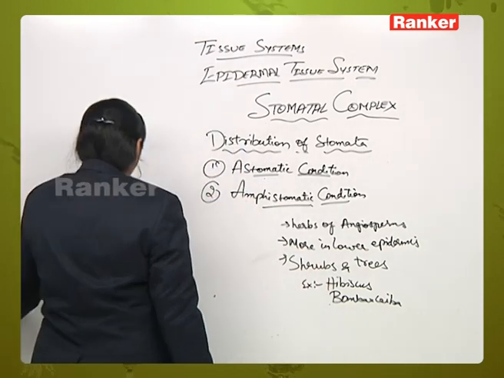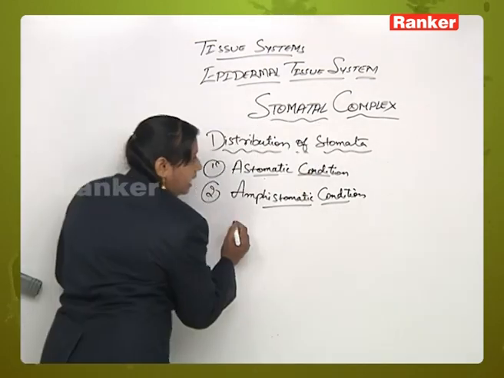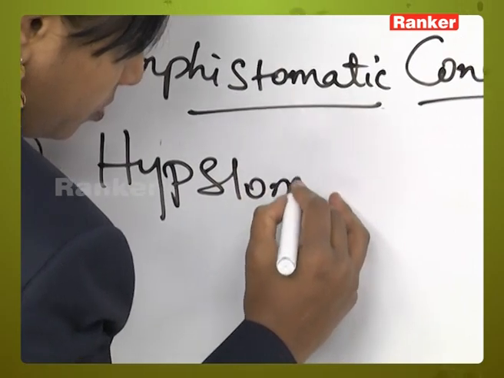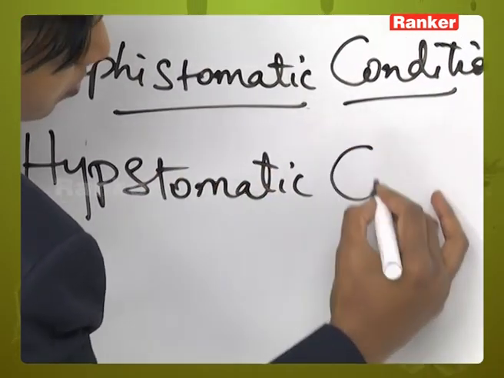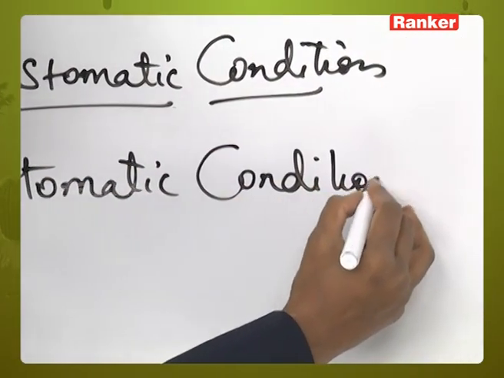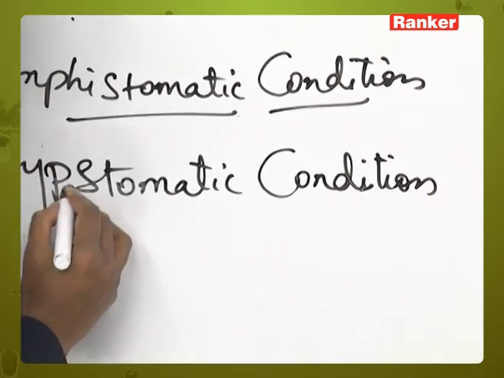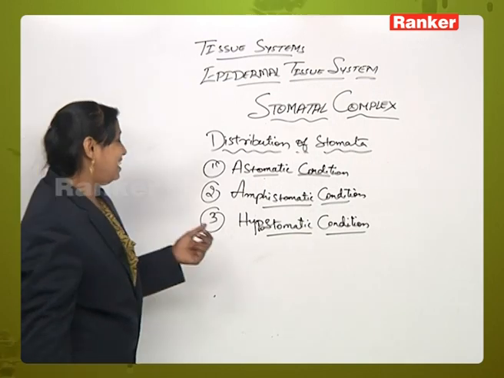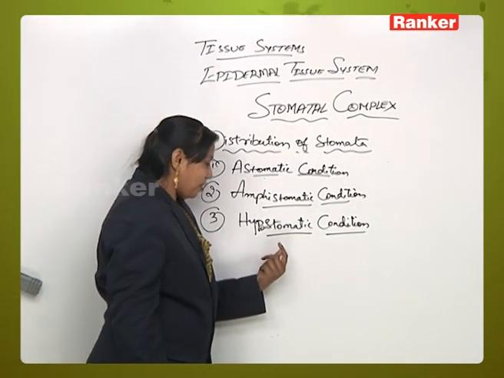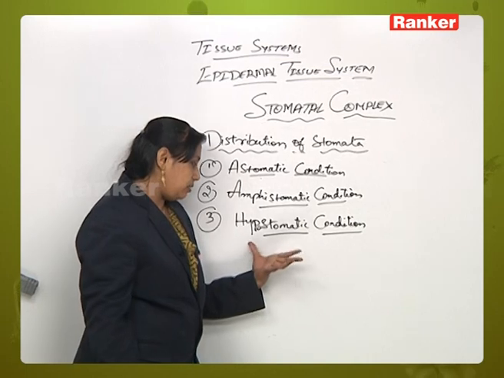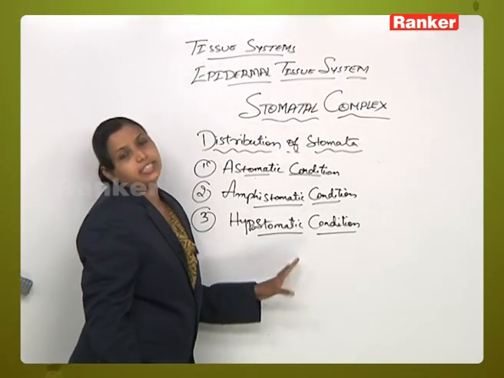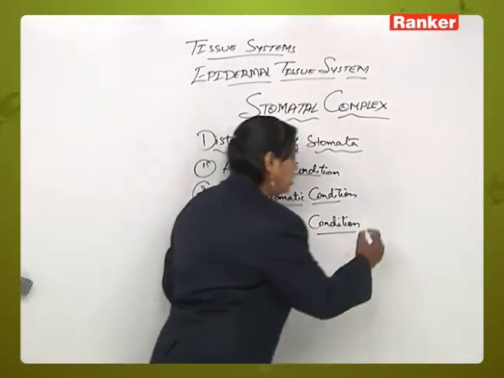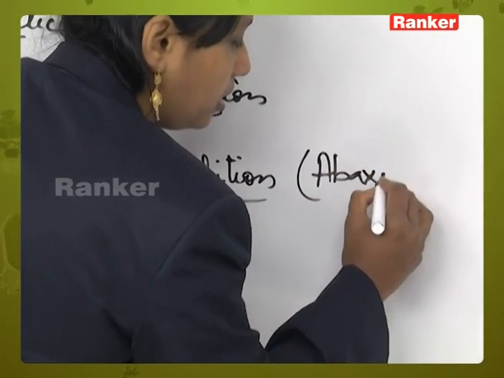Next one is hypostomatic condition. As the name itself indicates, these are the stomatal conditions where the stomata is present more in the lower epidermis, the abaxial surface we can say.